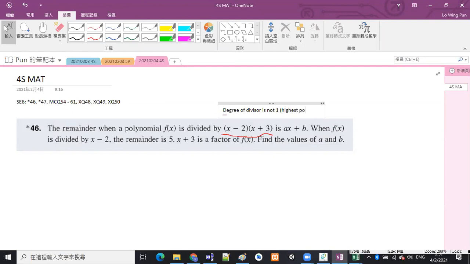So we have a square term. This divisor has a square term. And if the divisor has a square term, we cannot use the remainder theorem, and we cannot use the factor theorem. But what can we use?